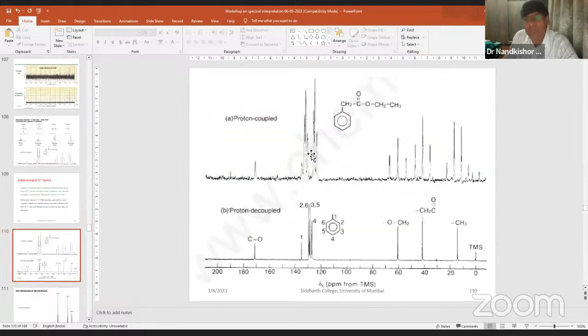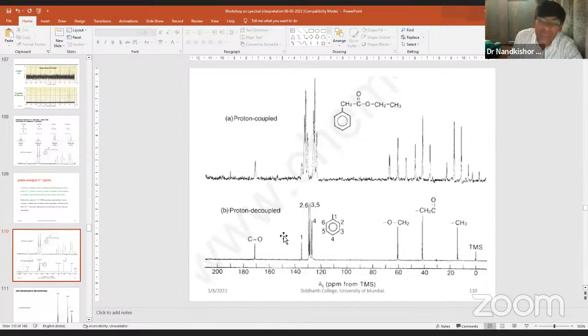Now look at here, the first spectrum, which is the proton coupled, where we got a triplet for the CH3, a triplet again for CH2, and a triplet for the other CH2. And the aromatic protons will appear as a bunch of peaks. So here, how many exact carbon atoms are present in the sample, we will not have the correct information. But in case of proton decoupled, you will get the exact quantitative measure of the carbons.